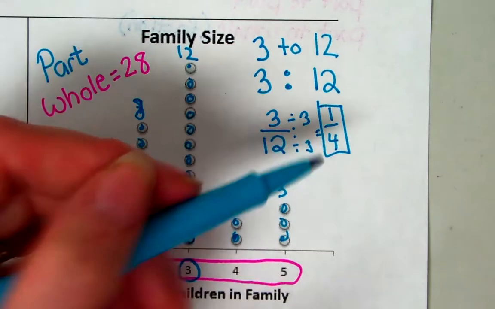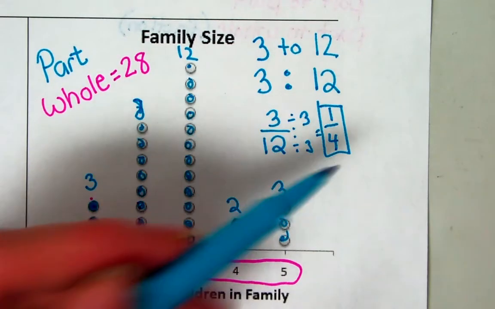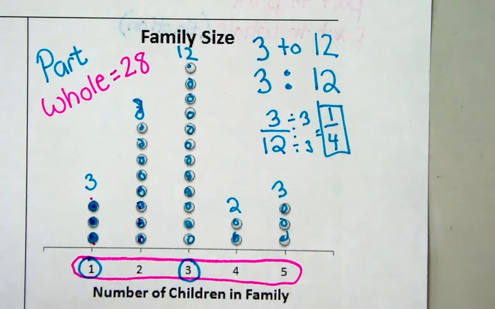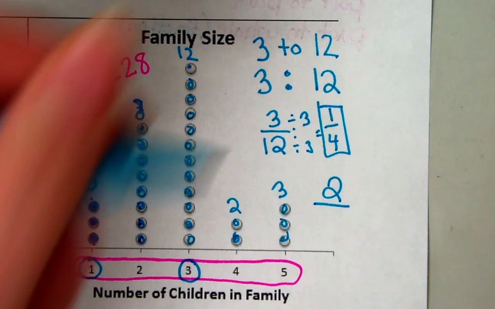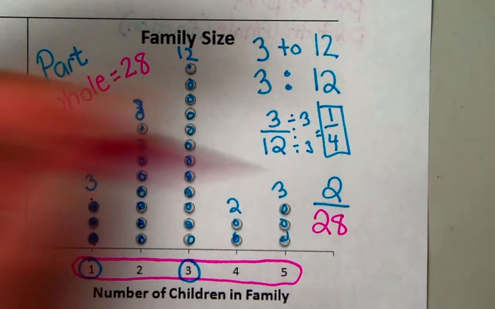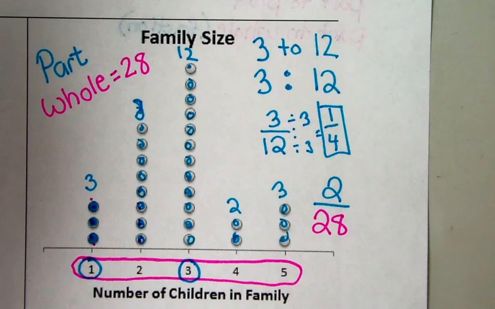So a part-to-part ratio here could be 3 to 12. Remember, you can write a ratio in verbal form, with colon form, or as a fraction. It is a good idea to always simplify. So you could say this is 1 to 4, 1 to 4, or 1 to 4. You read it the same way, but you can write it 3 different ways.